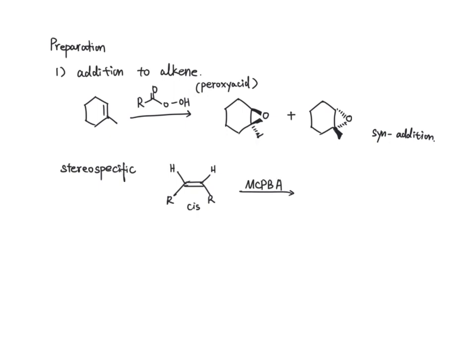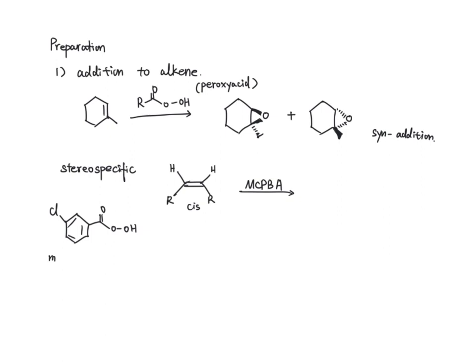So what is MCPBA? MCPBA is this molecule right here. Basically, you have a chlorine on here, that is the C, and you have a peroxy acid, OH, and M indicates the relative position. This is called meta position.